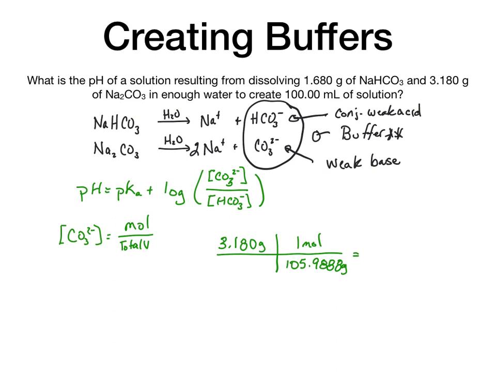And so I get 0.0300 moles. And so my concentration of my carbonate is equal to 0.0300 moles divided by my total volume, which is 100 milliliters or 0.100 liters. And so this concentration is 0.300 molar.